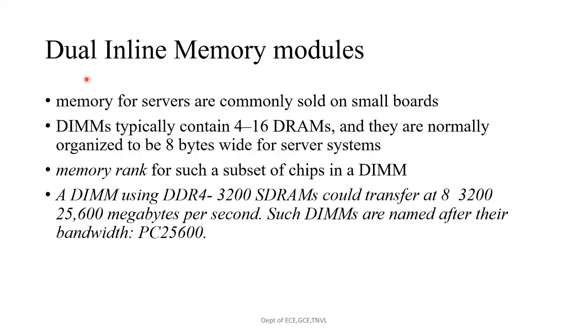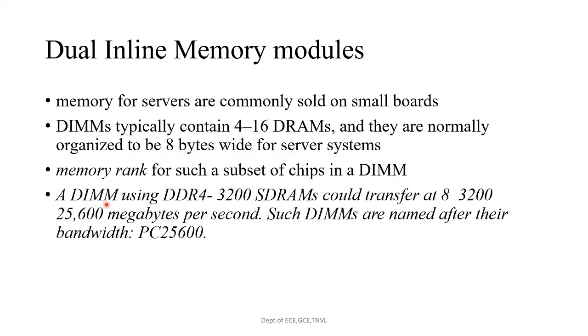DIMMs typically contain 4 to 16 DRAMs, and they are normally organized to be 8 bytes wide for server systems. The term we use for such a subset of chips in a dual inline memory module is the memory rank.